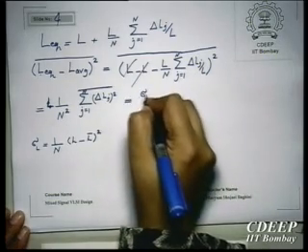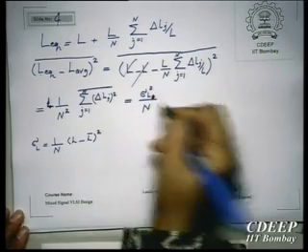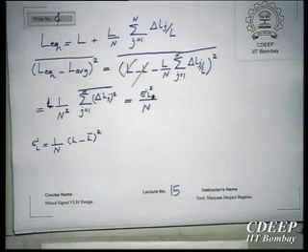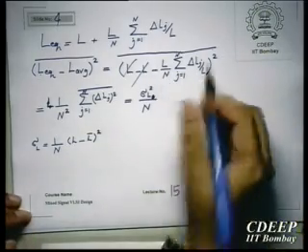So it will be sigma Lj, sigma L square upon n. Now these two get cancelled, and now you have one term.